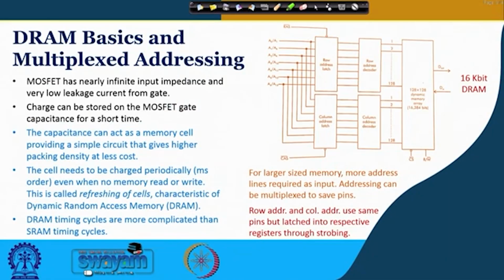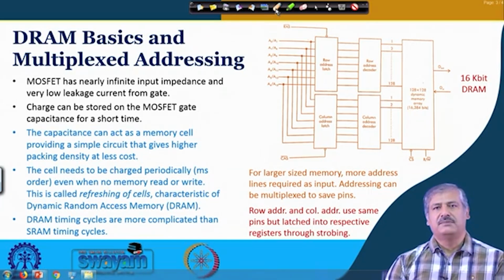What we use in the design of a dynamic RAM based memory cell is that the MOSFET by nature has infinite input impedance, that we all know, because it is a field effect device, it is not a current controlled device like a BJT.